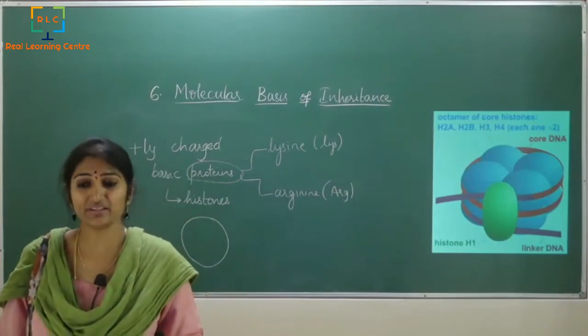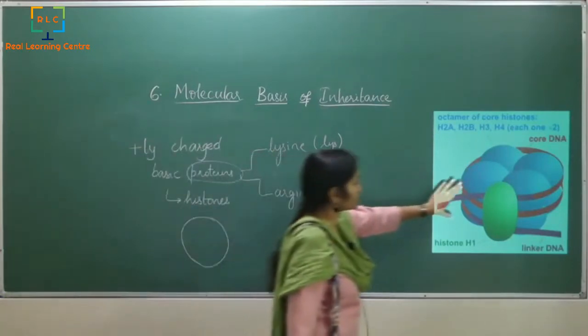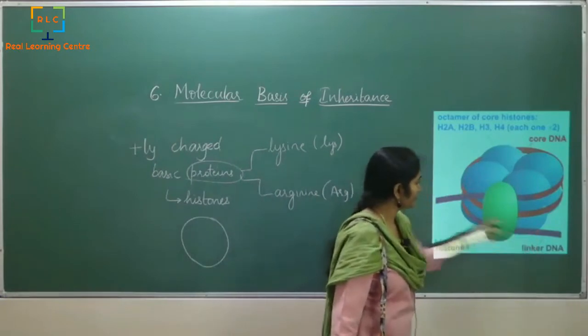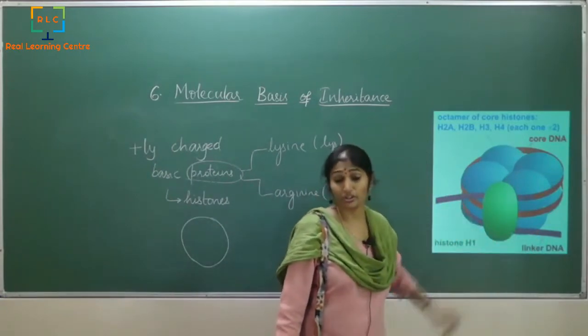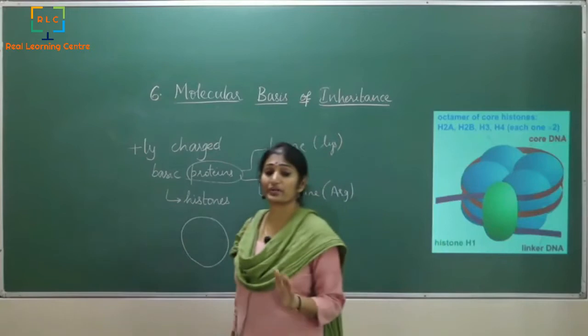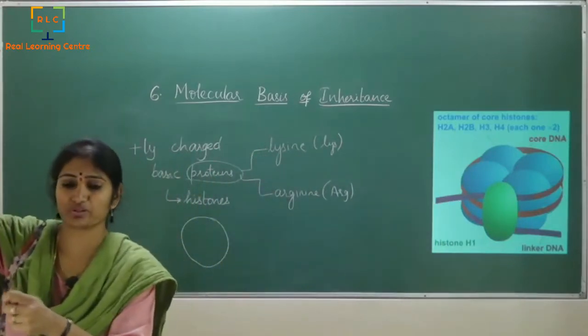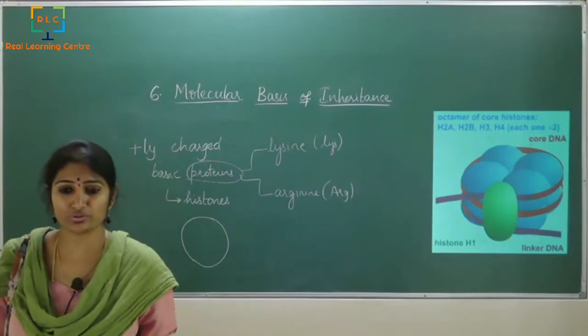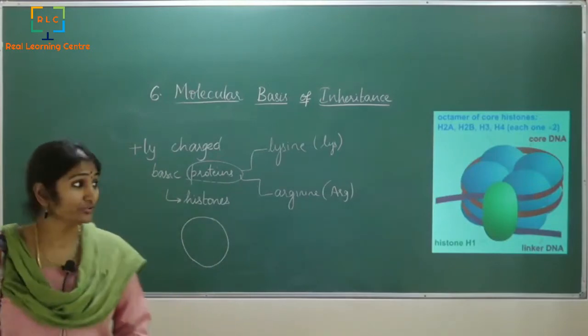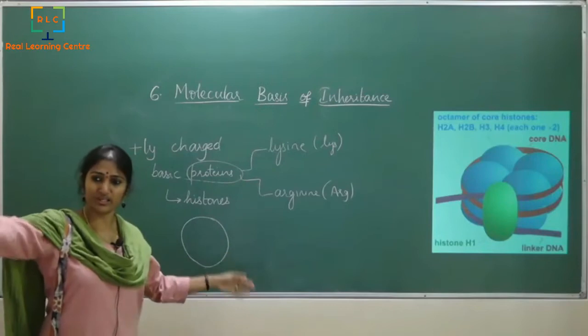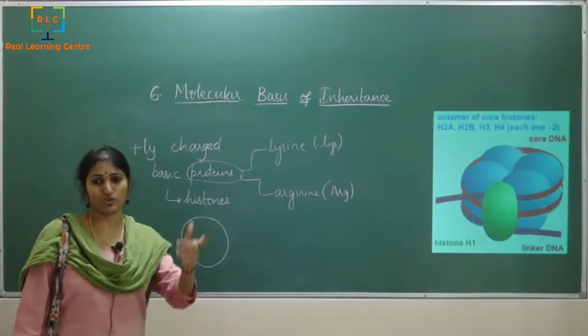Now it is seen that one single nucleosome, from where it starts until it comes here, can have around 200 base pairs of DNA helix. So 200 DNA base pairs of helix will go around the nucleosome. Yes, so the size of the DNA, which was very long, becomes quite small.